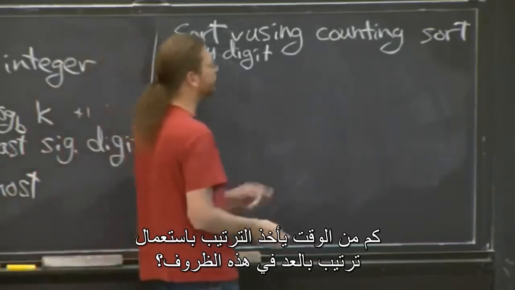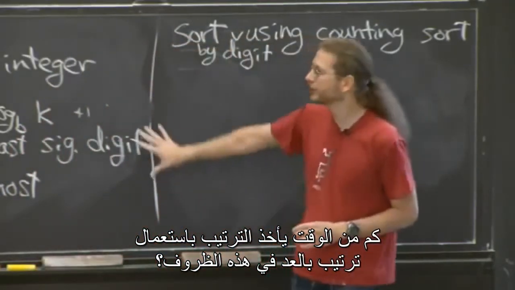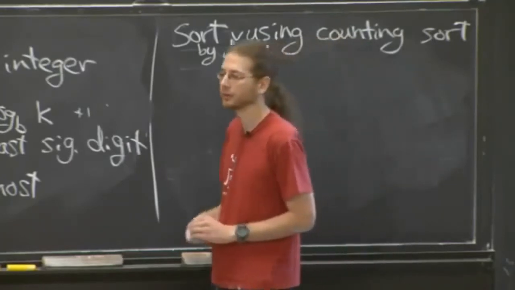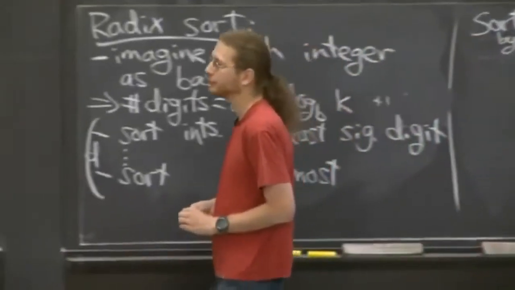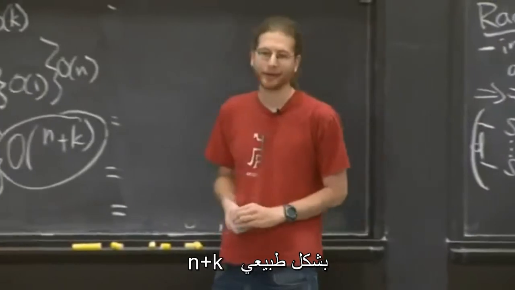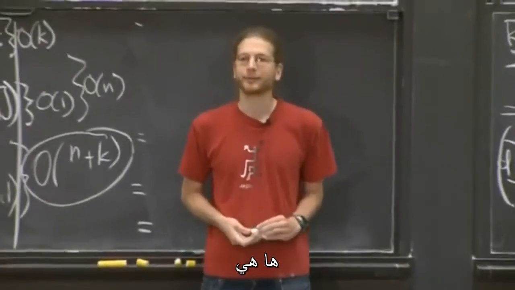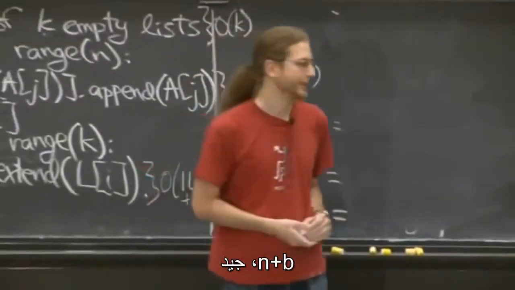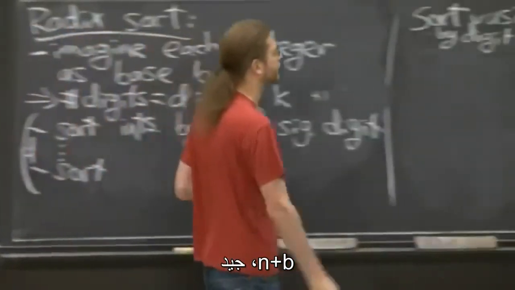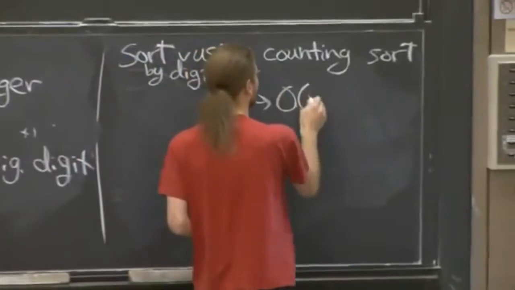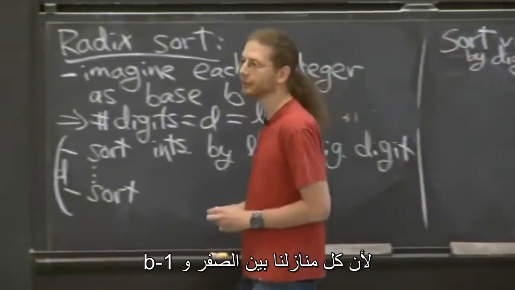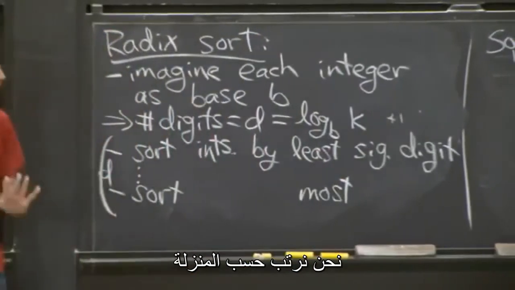So how long does it take to sort using counting sort in this setting? Normally it's n plus k. Here it is n plus b. Good. Because all of our digits are between 0 and b minus 1. So we're just sorting by digit.